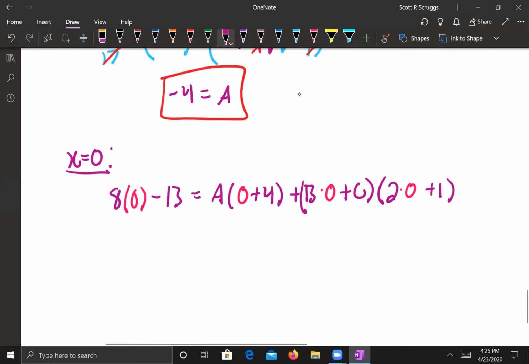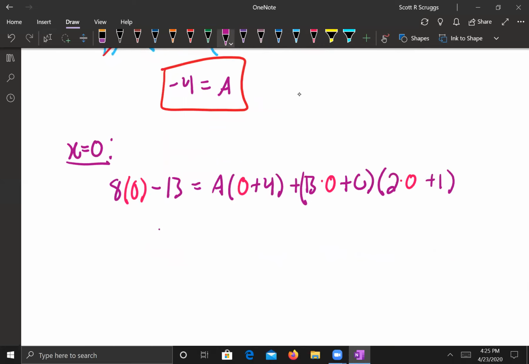So after simplifying, I'm only left with negative 13 on the left-hand side. I already know that a is negative 4, so I can use that now to get that after simplifying, I have negative 16.